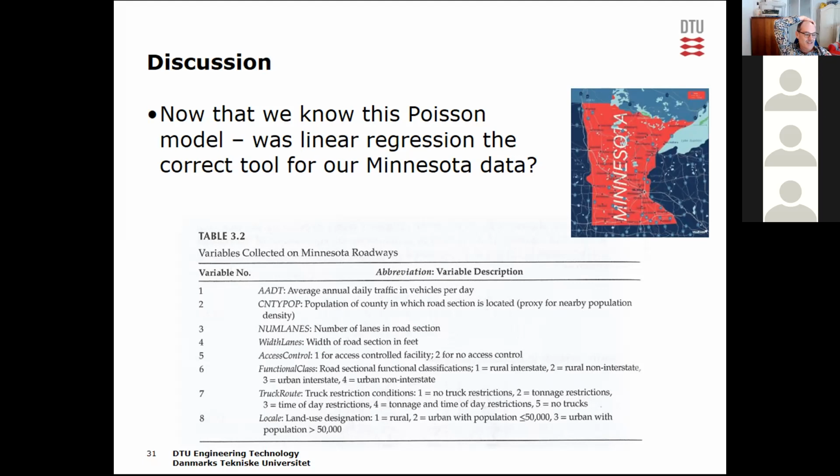Look at this. The data has been changed. So this isn't the raw data. It says average annual, so they took the raw data and they've already boiled it down.